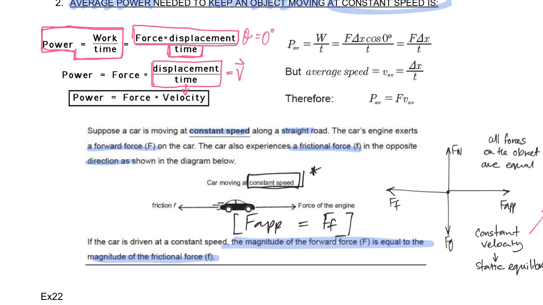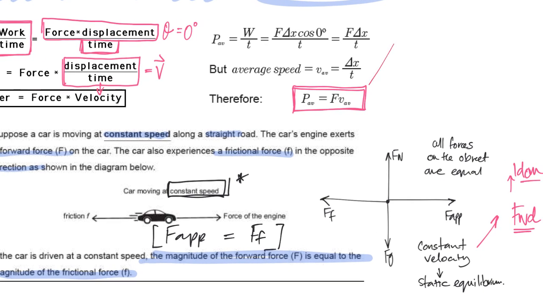So what we can say is that if I want the average power, my formula is P_av equals F v_av. Here P_av is average power. When you use this formula, please make sure you write the formula down correctly.